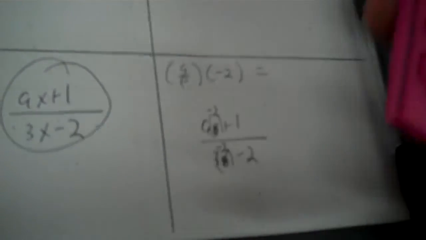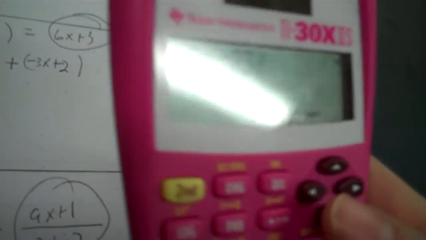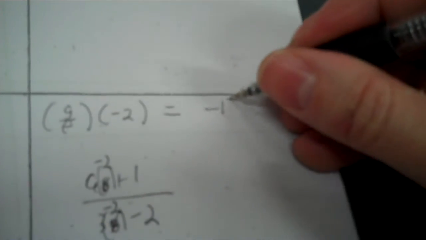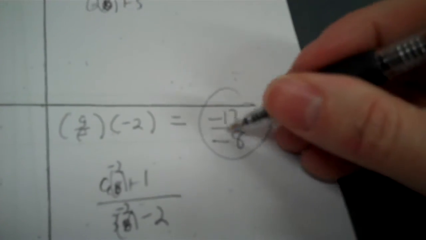So 9 times negative 2 plus 1 is going to be negative 17. 3 times negative 2 minus 2 is negative 8. You can circle that. If you have two negatives, you would cancel them. They become positive. So 17/8.